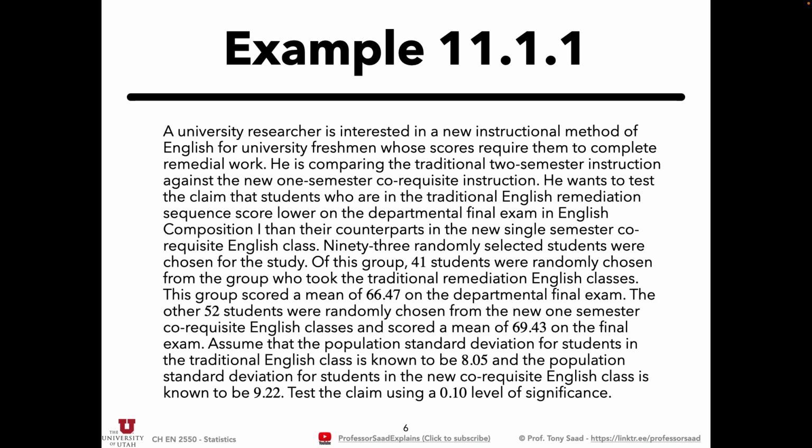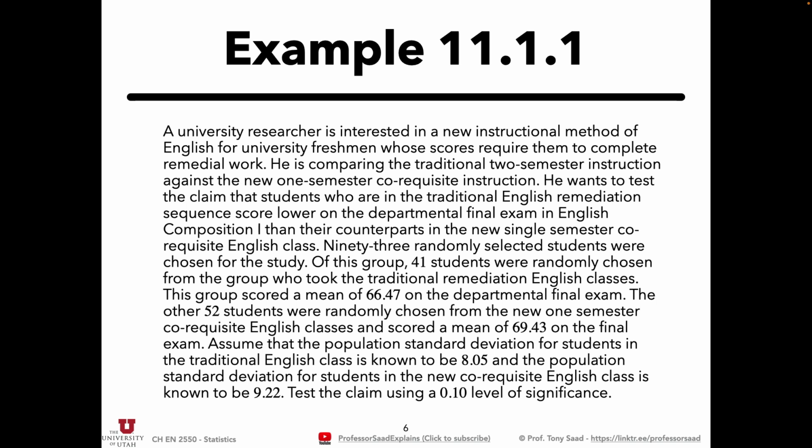This researcher is claiming that the students in the traditional course score less than the students in the new approach. So let's call population 1 the traditional remediation course and population 2 the new co-requisite course.